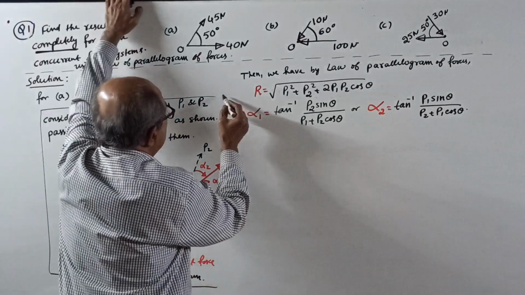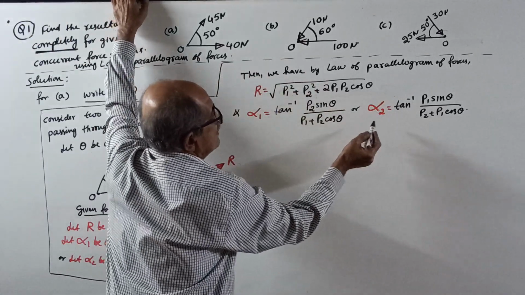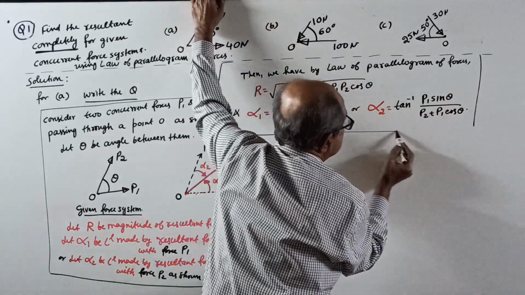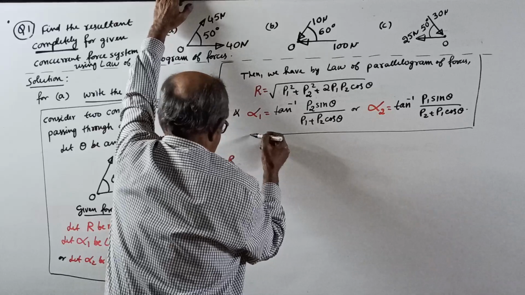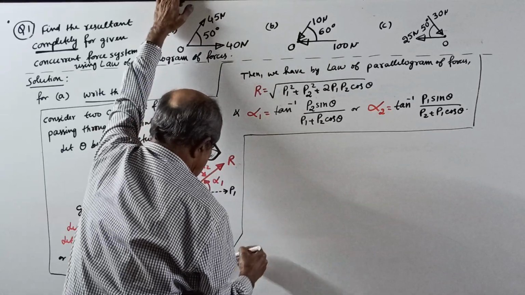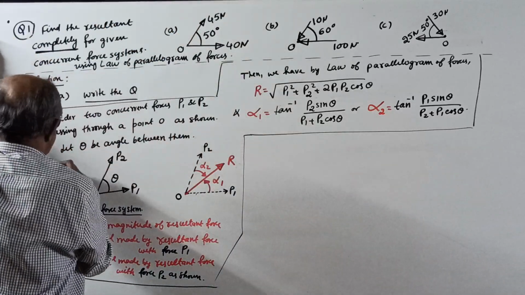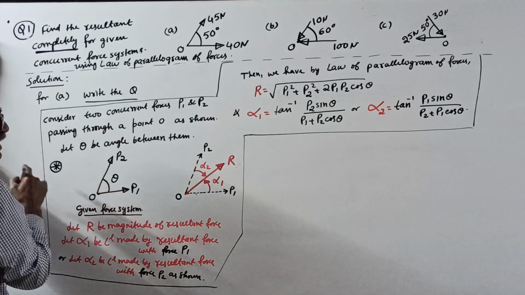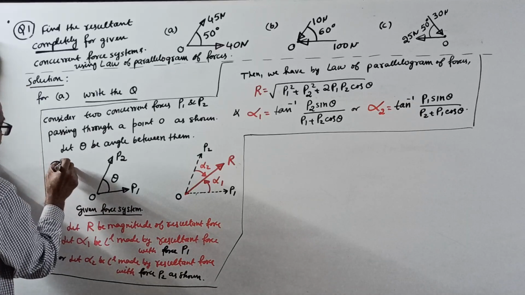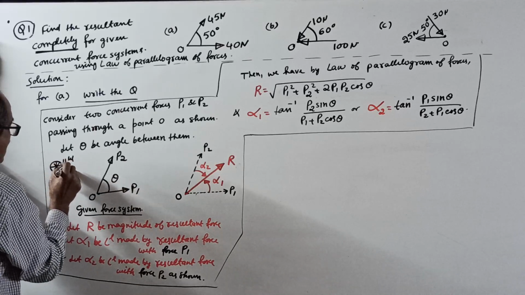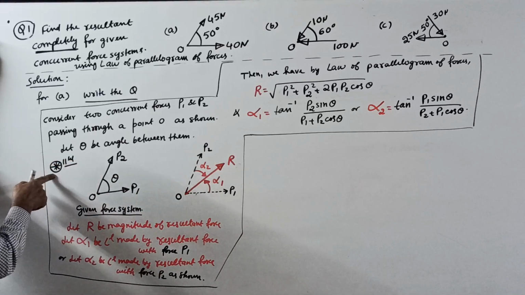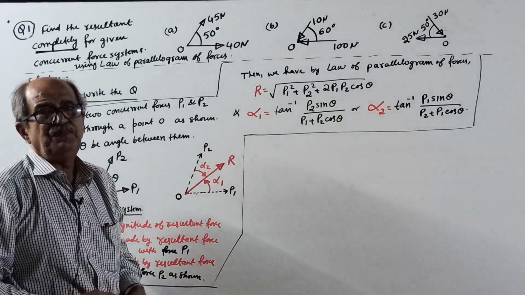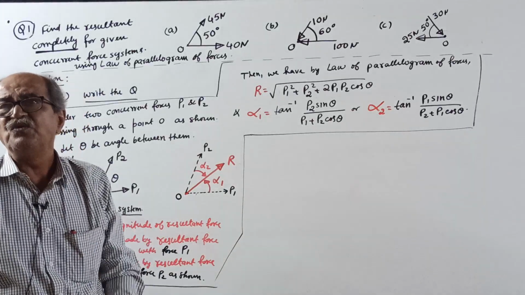From the next class onwards, I will put a star mark. If I write a star mark, it means the basic statement for the law of parallelogram of forces. If you are lazy and don't write, you are losing.